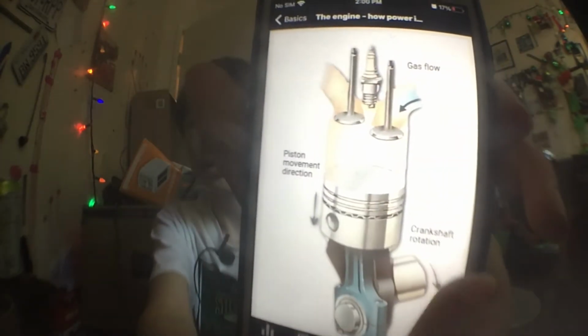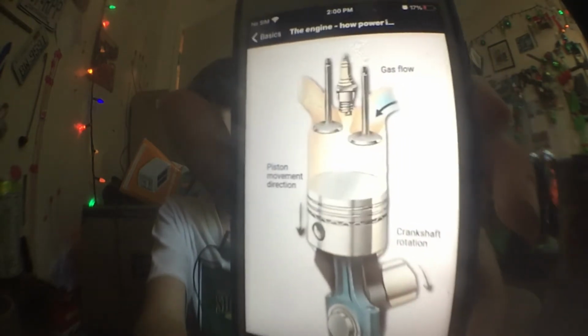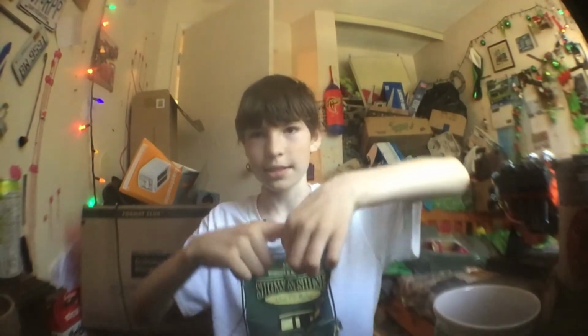Because the crankshaft is spinning, there's a rod that goes around like this, and the piston is like this. So it goes like that, but it goes around like that, which causes the piston to go up and down. But the piston is the one that's powering the crankshaft.